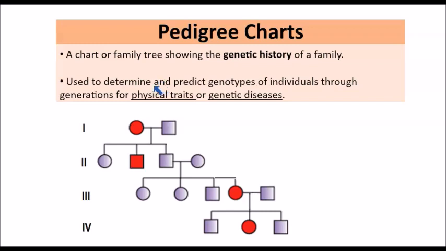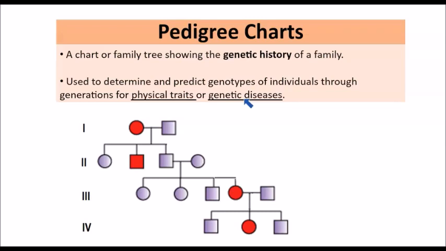Pedigree charts allow us to determine and predict genotypes of individuals through the generations for traits or genetic diseases. So it's really helpful in studying the genetic history to allow us to predict what may possibly happen in the future based on that genetic history.